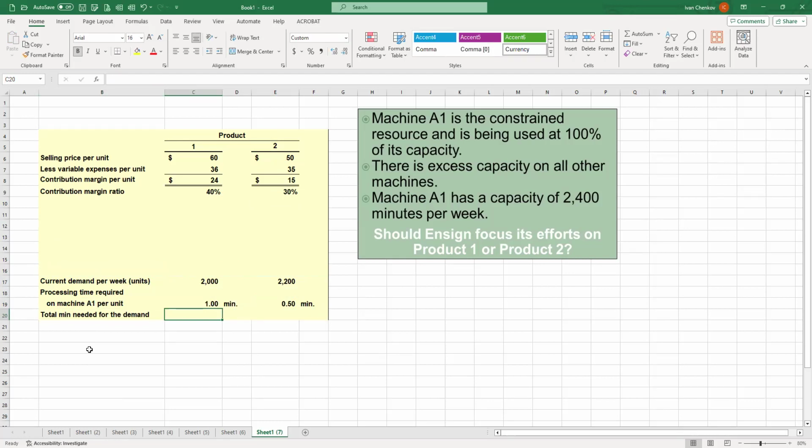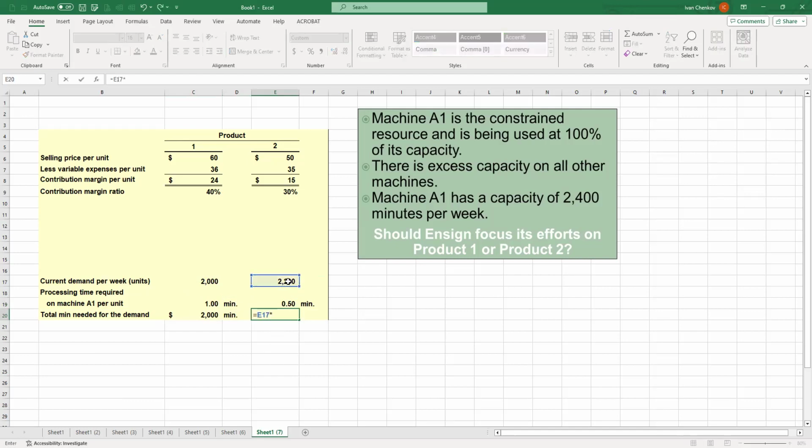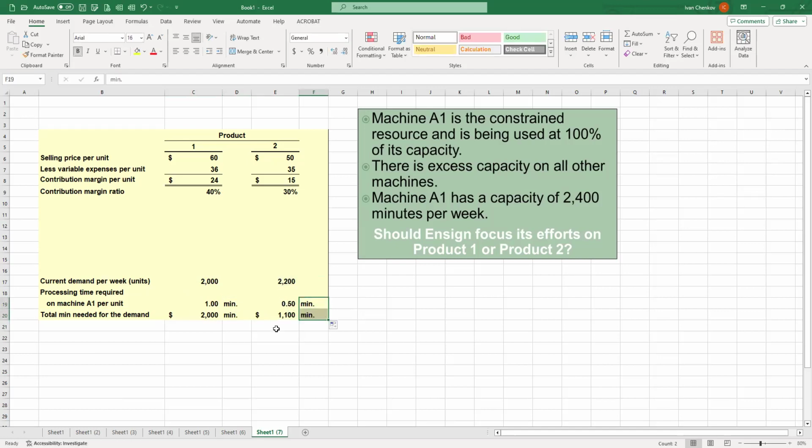How many minutes do I need to satisfy the entire demand for product one? 2,000 minutes. That's very easy to calculate, correct? How many minutes do I need to satisfy the entire demand for product two? 1,100 minutes. So in total, I need how many minutes? 3,100 minutes.